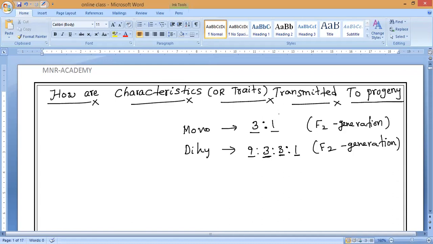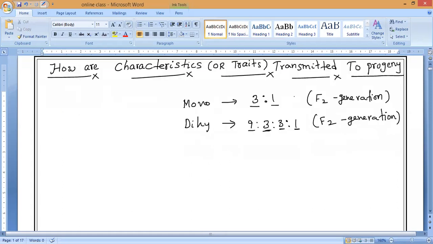Now, if it comes to today's class, we are going to study how these characteristics or traits are transmitted to progeny. So what is the basic form of transmitted characteristics from parents to the progeny?